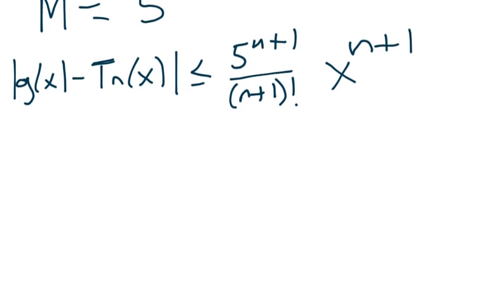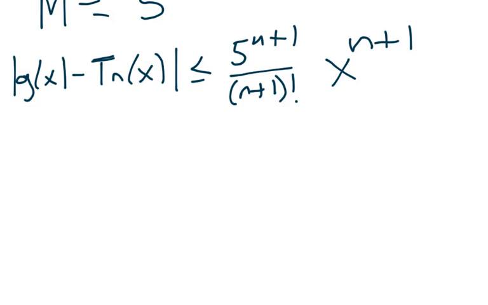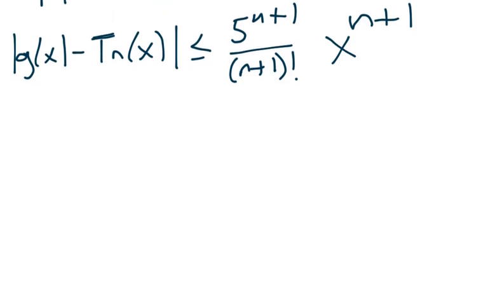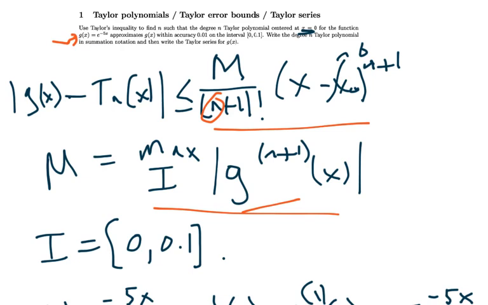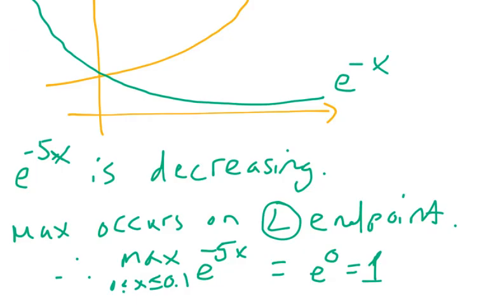Now this is a bound that holds for every value of x we choose. Any value of x, this works. But we want the maximum error, right? We want to say it estimates it within some accuracy like this, so we want the maximum error to be less than 0.01.